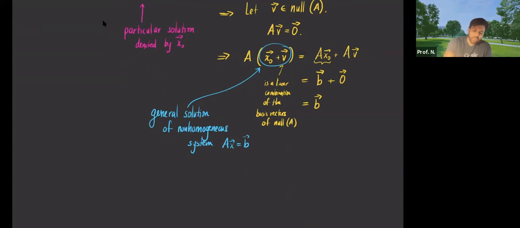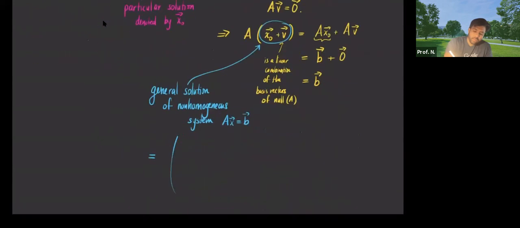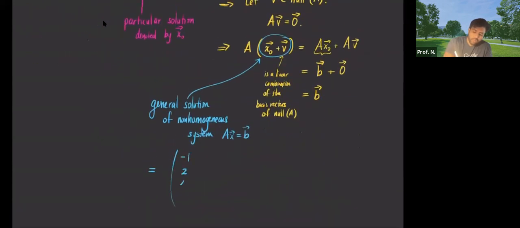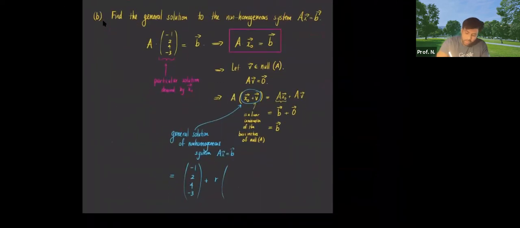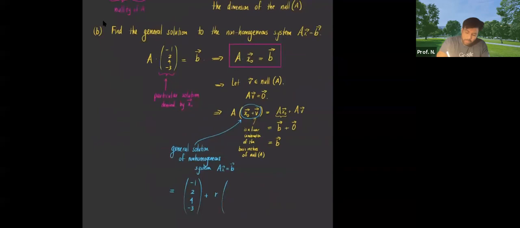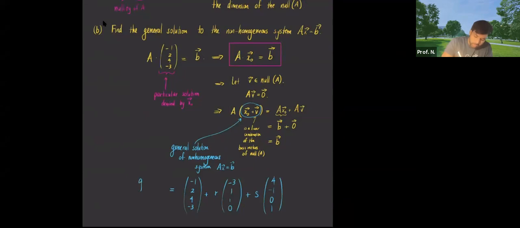So then what is that general solution? What does that look like? Well, it's going to look like x naught. What is x naught? -1, 2, 4, -3, plus r of -3, 1, 1, 0, plus s of 4, -1, 0, 1. And this is the general solution.